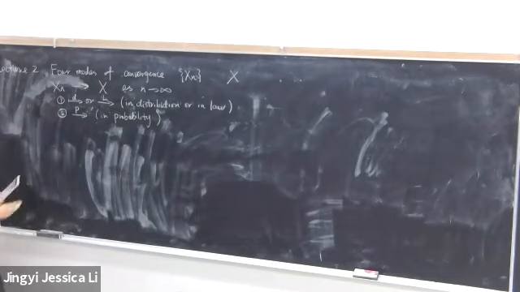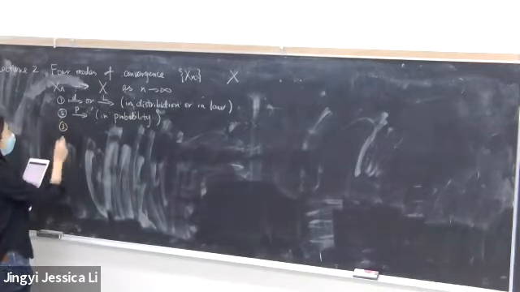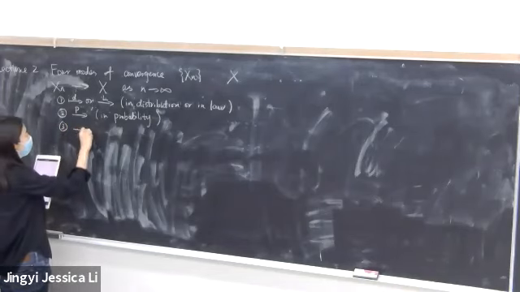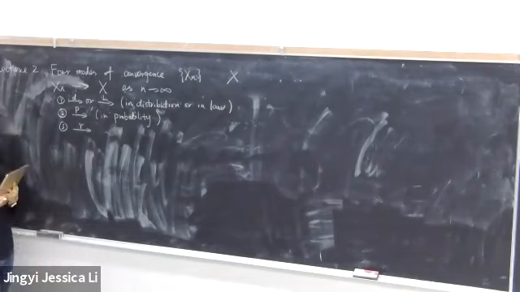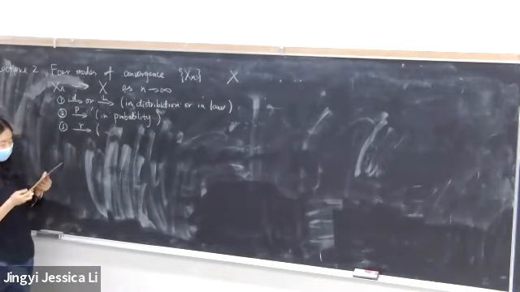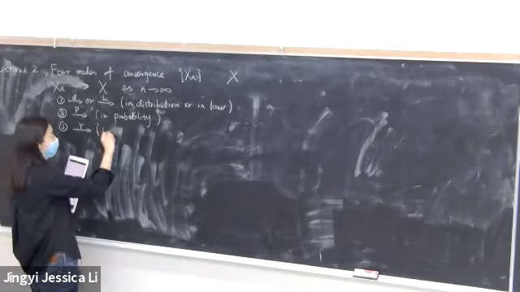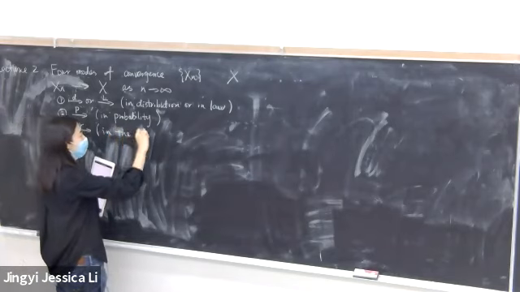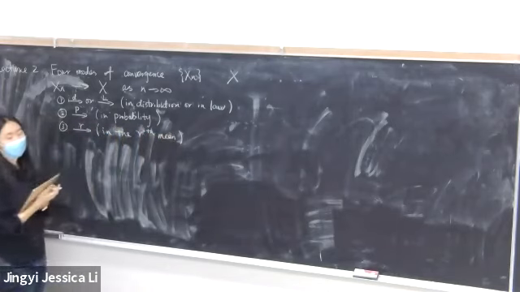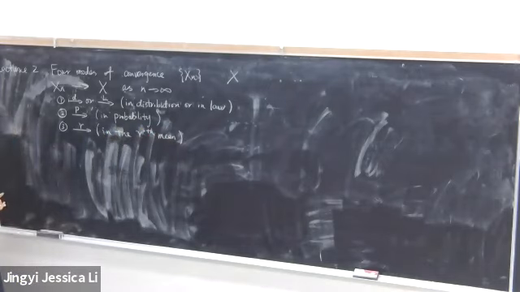And the other 2 are used less often, including convergence in the Rth mean. Most often we have R equals 2, so convergence in quadratic mean. This is useful when we talk about square loss, how it changes as our sample size goes up.